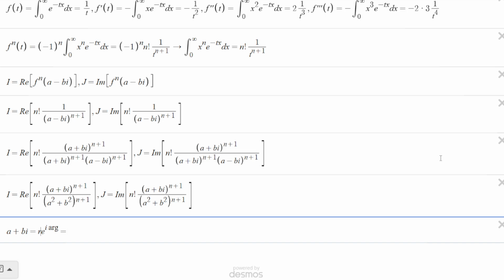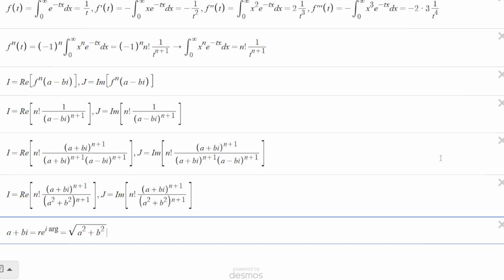Let's see, r, the magnitude of that. Don't forget, this point creates a triangle in the complex plane. The distance between the origin and the point a plus bi in the complex plane is the magnitude. That's just going to give us the square root of a squared plus b squared by the Pythagorean theorem. Now, the argument is the angle that this thing makes with the origin.